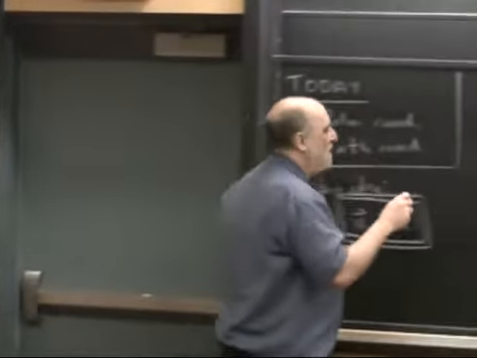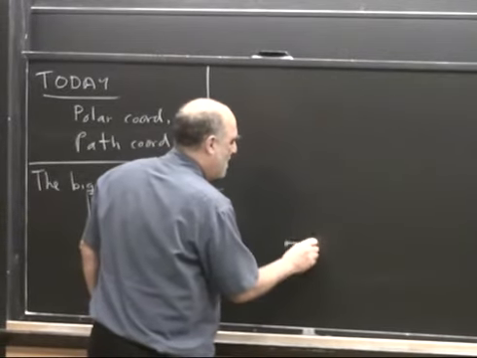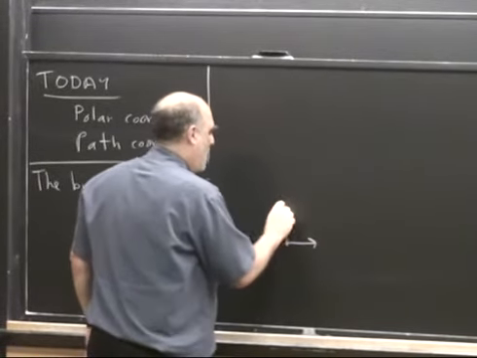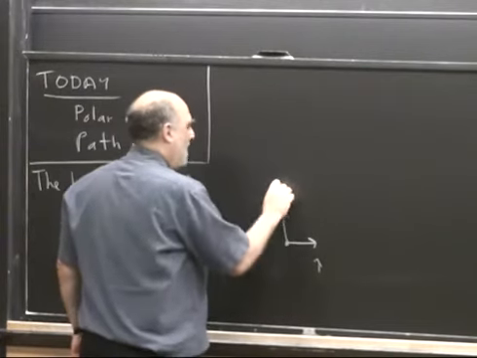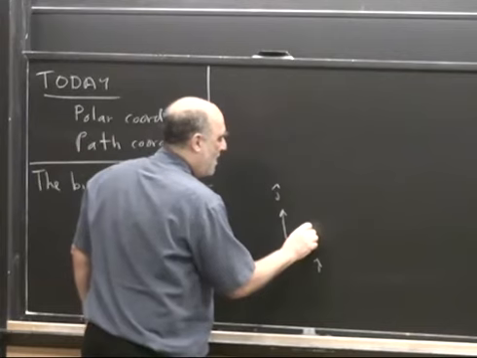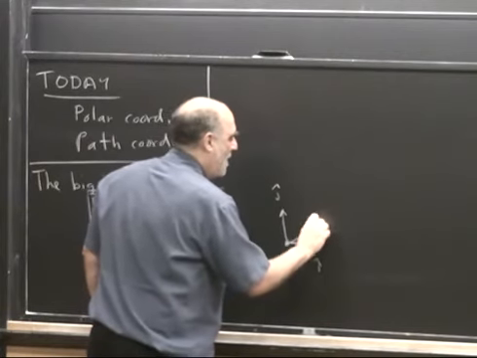So let me just draw the picture here. Let's say there's some origin, and associated with that origin, we could have various reference frames. We could have, for example, i and j, or we could have some crooked frame, i prime and j prime.